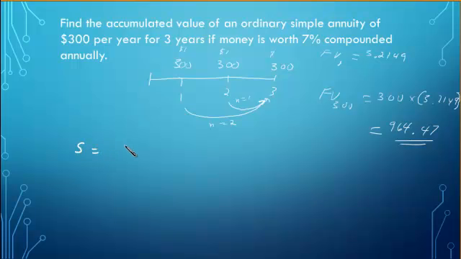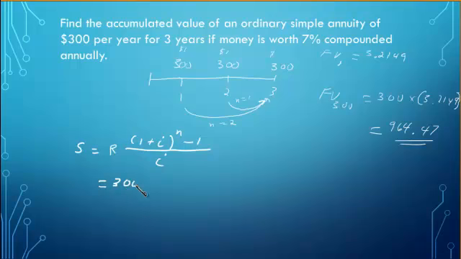S is going to be equal to R times (1 plus the interest per period) raised to the number of periods, minus 1, divided by the interest rate per period. And so for this problem, R is 300.